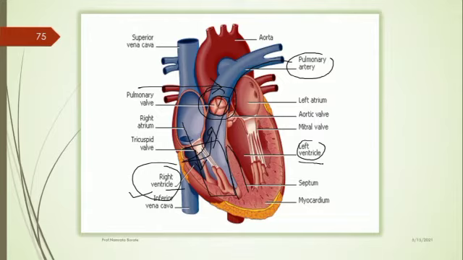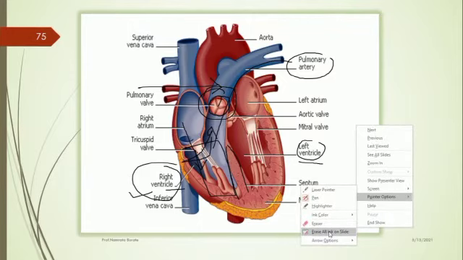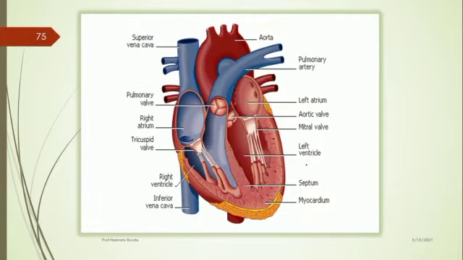The second one we see is the left ventricle. So what are the characteristic features of the left ventricle? The left ventricle is larger, bigger in size as compared to the right ventricle. The left ventricle requires more force to push the blood along a great distance, so it is thicker as compared to the right ventricle.